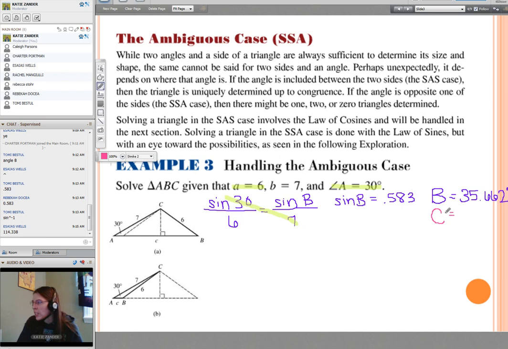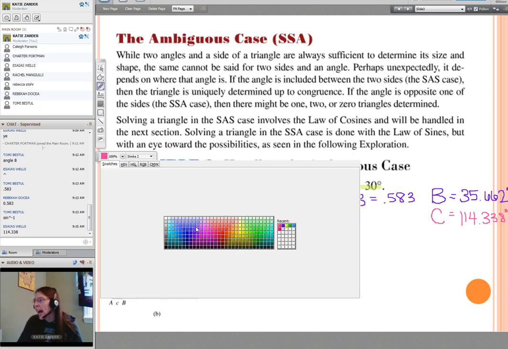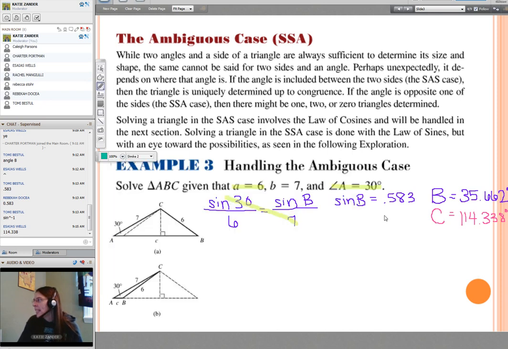Isaiah's got 114.338. Sounds pretty accurate to me. So we've got 5 of the 6. The only thing left now is that missing third side, which is going to be your side C.